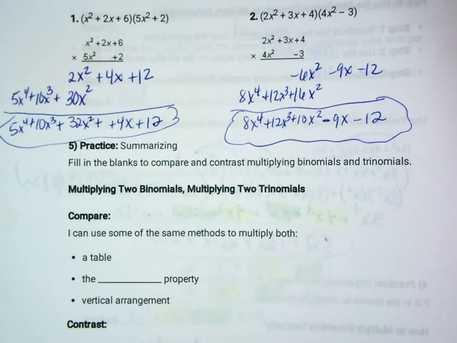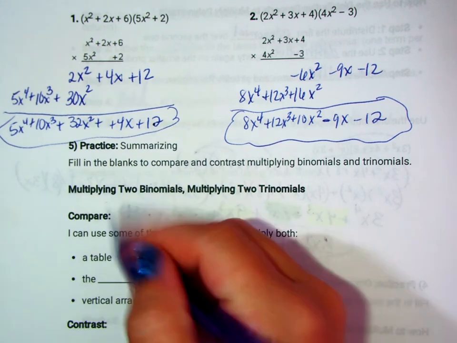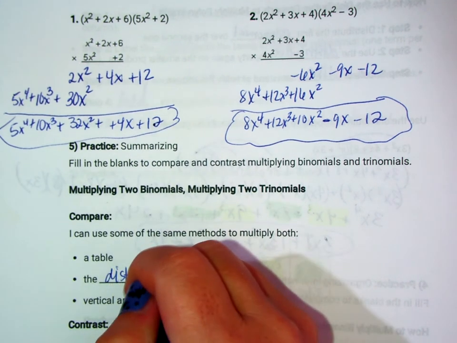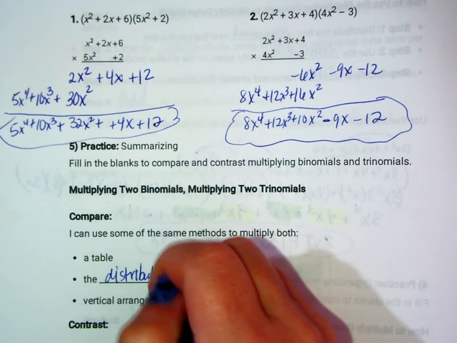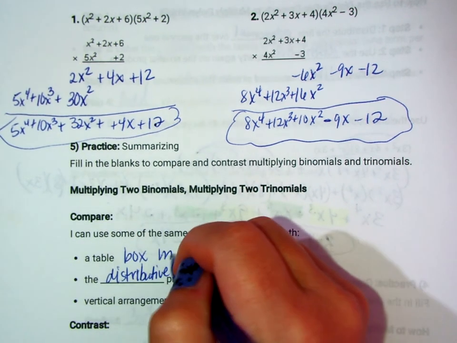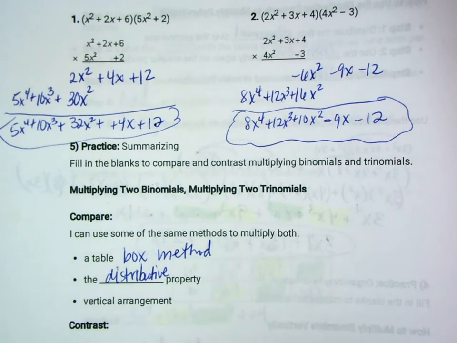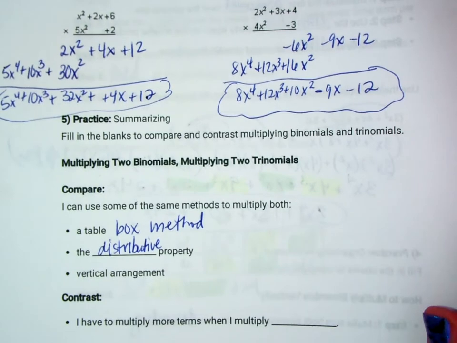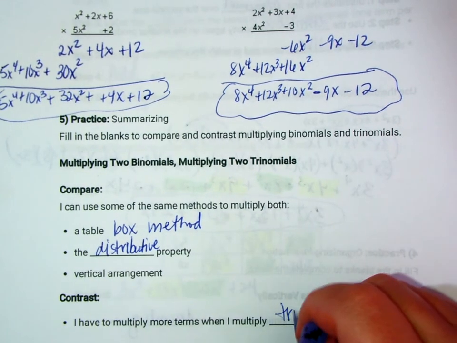All right, I can use the same methods to multiply both. I can use a table, I can use the distributive property, or I could use vertical arrangement. I called this the box method. I have to multiply more terms when I multiply trinomials.